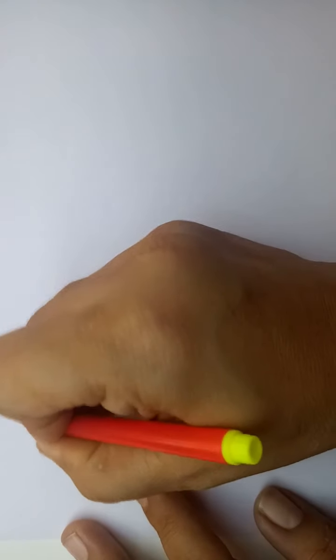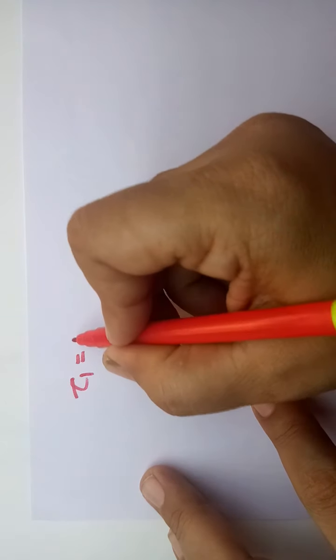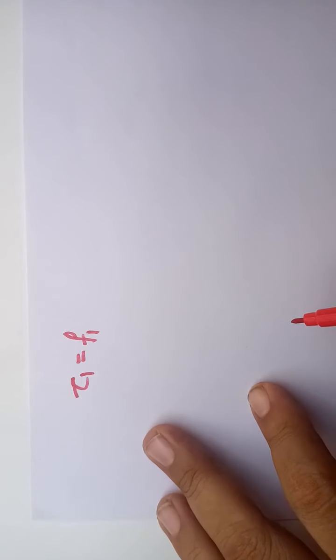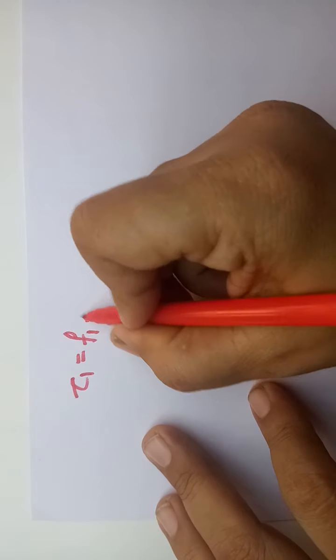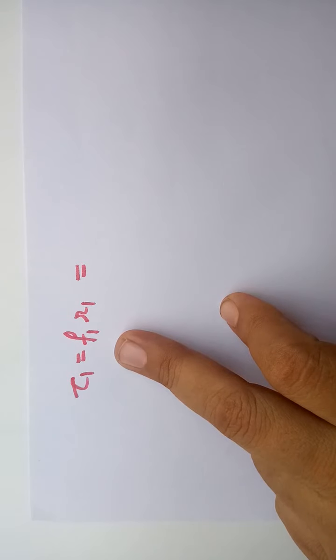So to find the expression for the torque, what do we do here? The formula for the torque for the first particle, that is torque 1, is equal to, we know the formula for the torque, force into perpendicular distance. So for the first particle, torque 1 is equal to F1 into r1. Now how can I write F1? Force is equal to mass into acceleration.